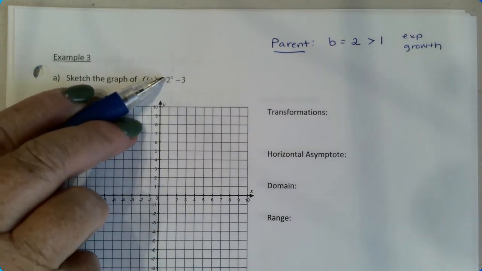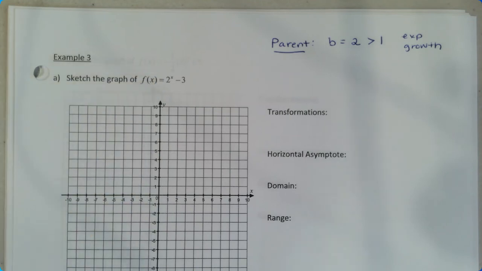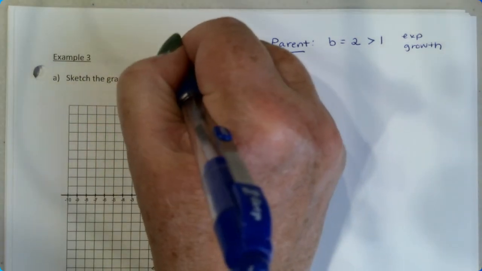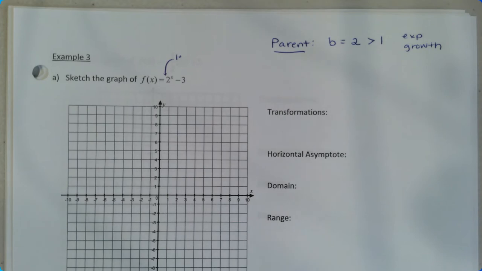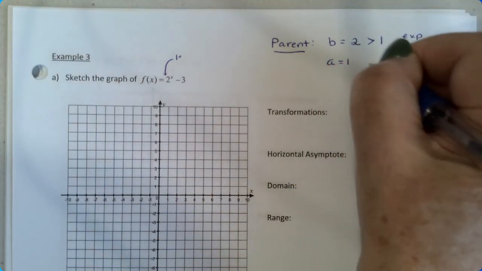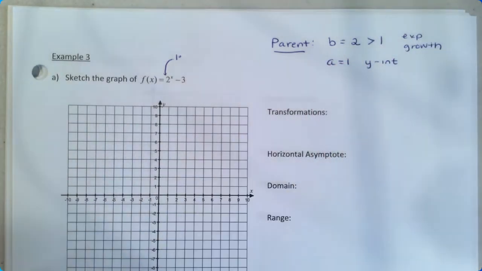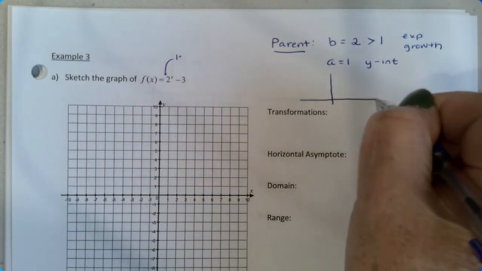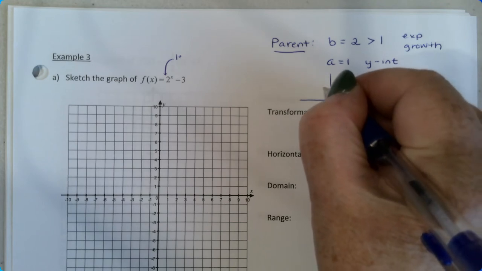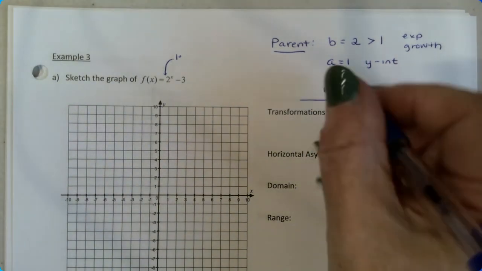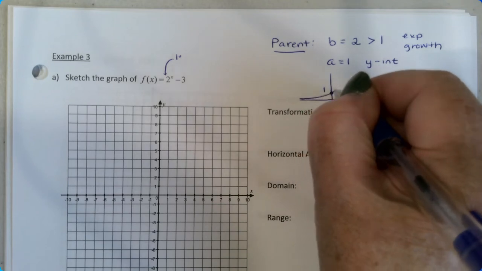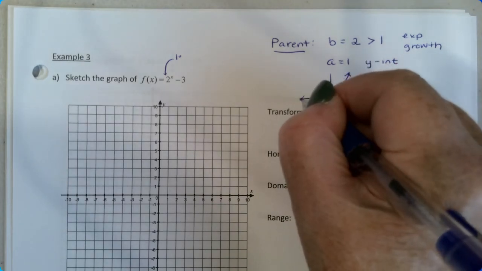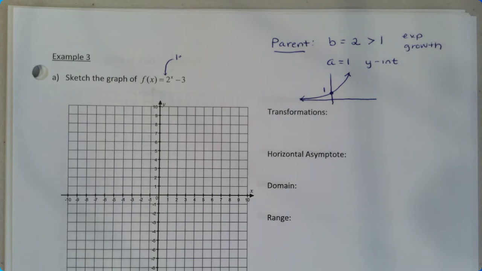I don't have a multiplier in front of the 2, so I can assume that my coefficient here is 1, multiplier of 1. So a is 1, and that defines my y-intercept. So I'm thinking kind of in my head, y-intercept is 1, exponential growth would look like that.